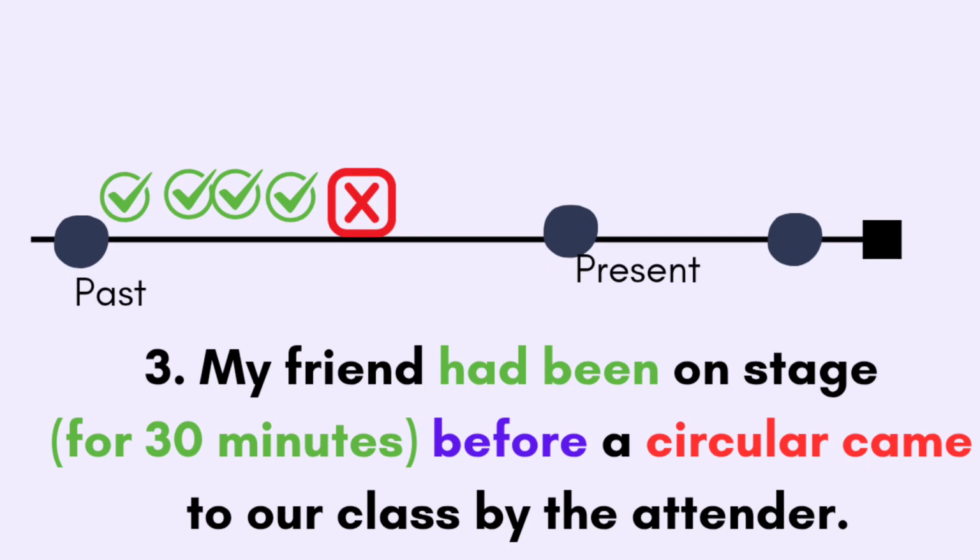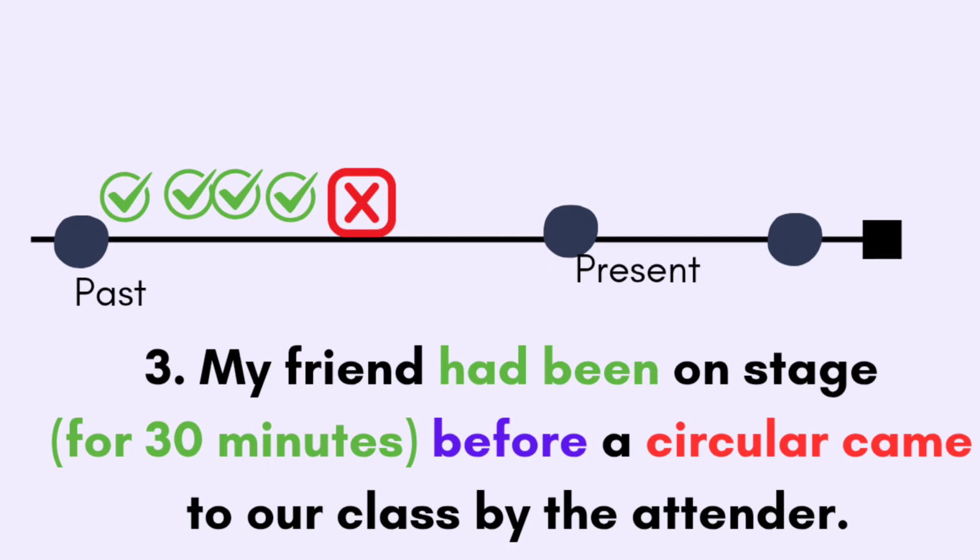Our class teacher told him to go and sit or give the presentation. This was the evidence actually. Evidence is required, okay? In past perfect continuous tense, we require evidence because the action had been continuing, had been ongoing for a while before another completed action. But we need to have proof for that.